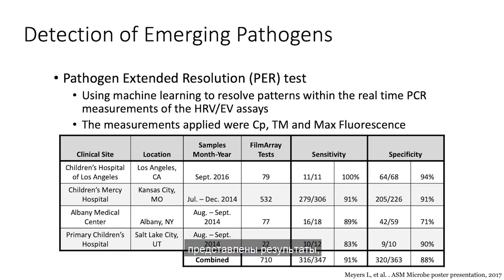This study, summarized in this table, looked at multiple institutions and compared a real-time PCR assay for EV-D68 against the test from the Trends software, and the sensitivity was 91% overall with a specificity of 88%. So it was able to really predict that emerging pathogen, enterovirus D68, instead of having to do a manual test for it.